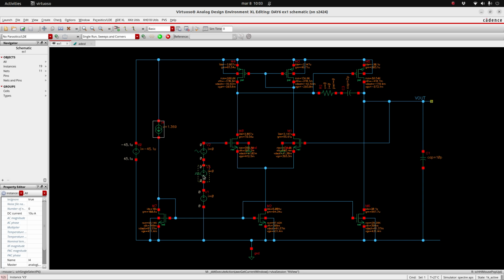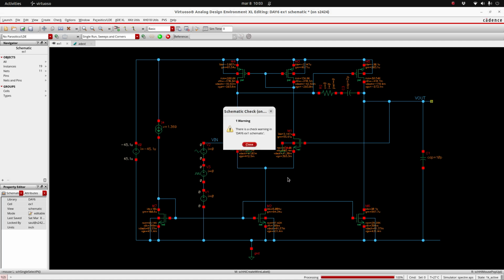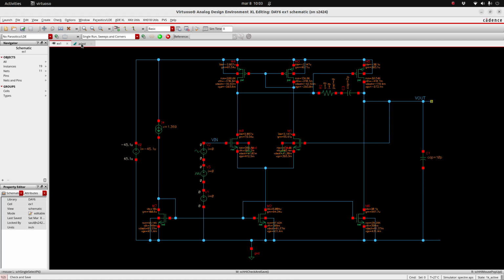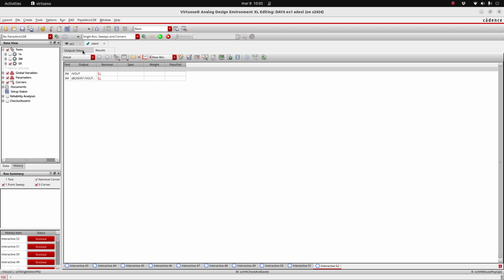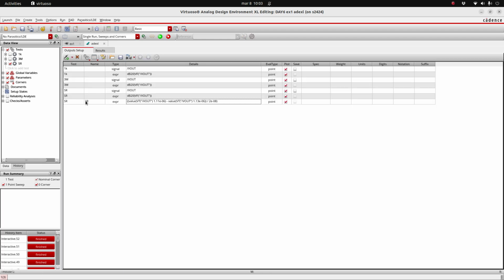So this is a very sharp step. Actually, we can put here a label and then get it simulated as well. Okay, so we put them here and then let's add a signal.